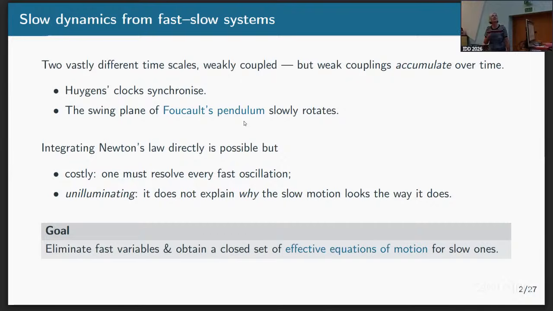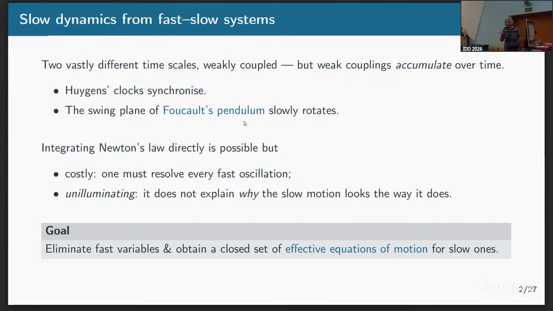The classical example you all know is the Foucault pendulum, where the plane of the pendulum moves, due to very weak and in the end slow effects of the Coriolis force. The plane moves around the circle.